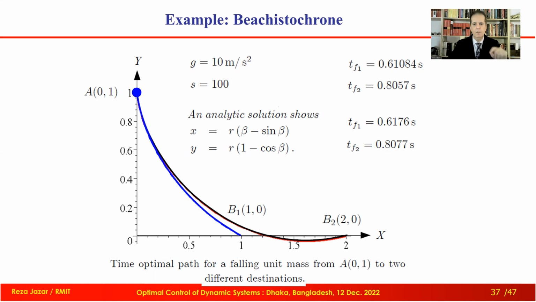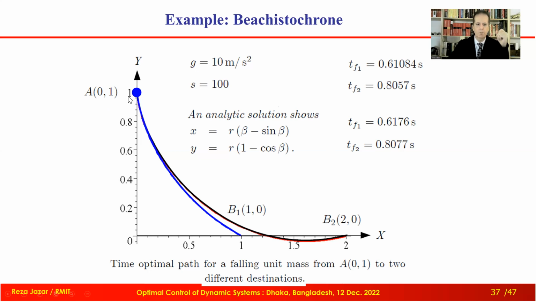And when we solve this for g equal to 10 meters per square second, and SS, the number of increments, is 100, an analytic solution is here. And as you can see, there are two paths, meaning two endpoints.